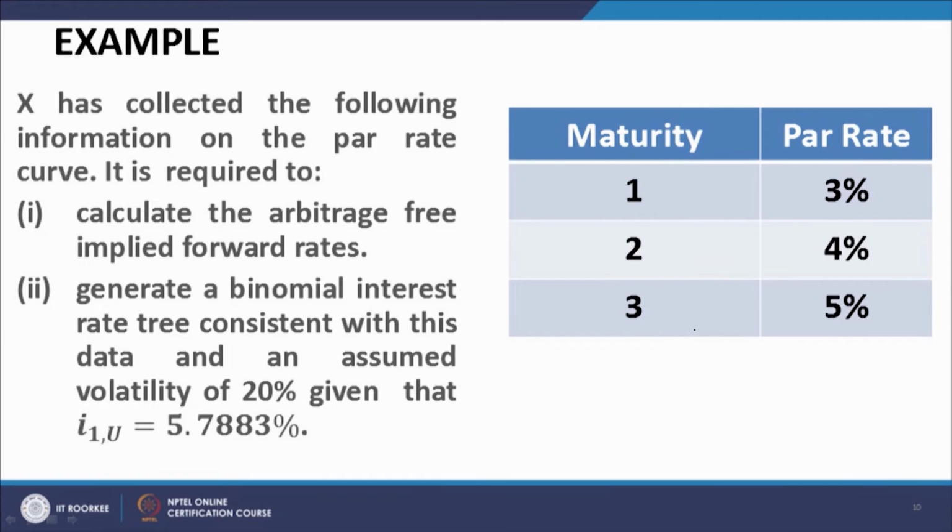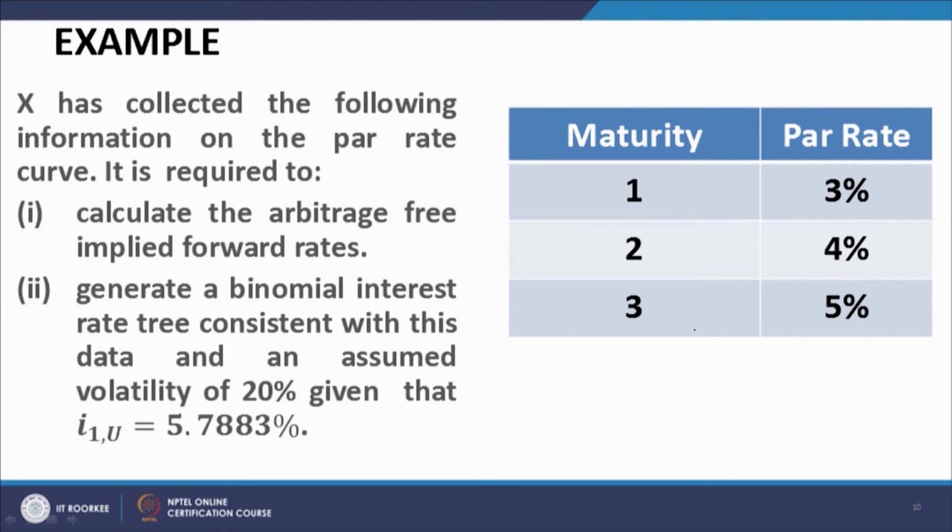You are given the following. These are the set of par rates. I will come back to what we mean by par rates in a minute, but X has collected the following information on the par rate curve. You are required to calculate the arbitrage implied forward rates and generate a binomial interest rate tree consistent with this data and an assumed volatility of 20%, given that I 1 u, that is the upper node at t equal to 1, carries a rate of 5.7883%.